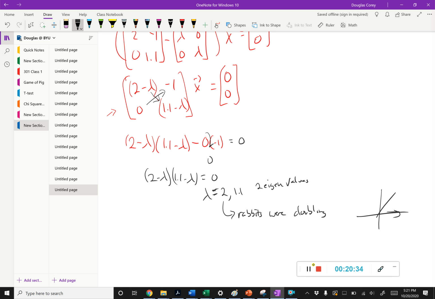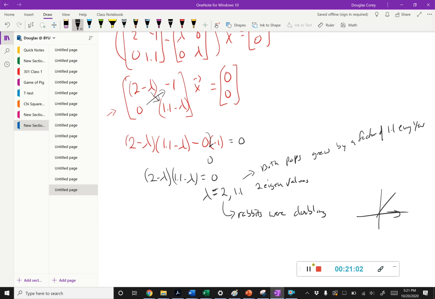When we were on that other magic line, both populations grew by a factor of 1.1 every year. Okay.